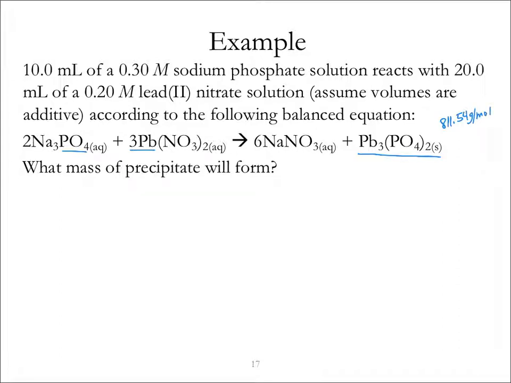So remember that molarity, the unit of the capital M, can be expanded as moles over liters, so we can use it as a conversion factor. So this concentration is actually 0.30 moles over liters. So what we will do here is start out with the sodium phosphate. So we will take that volume and make it into liters.